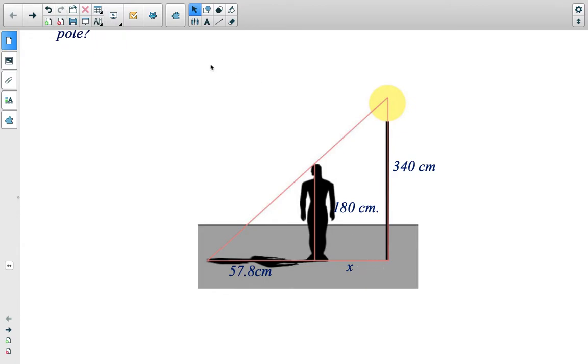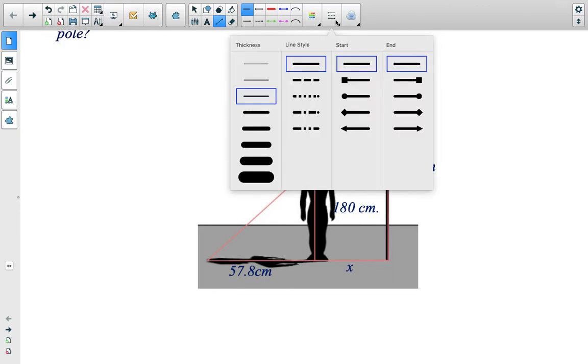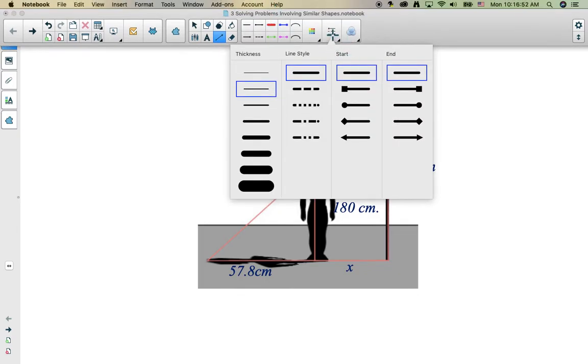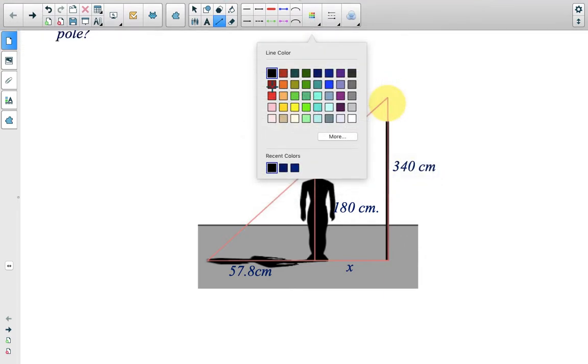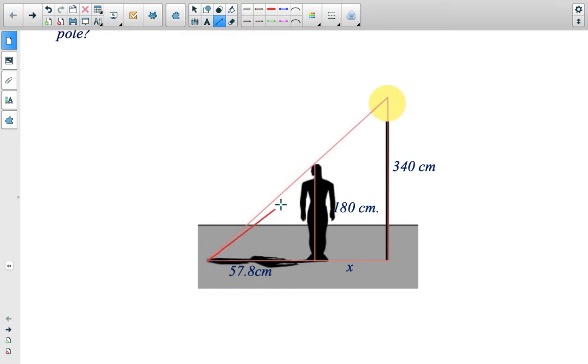Okay. So if you take a look at this question, we have 2 different triangles. It's kind of hard to see them, but I'm going to outline them for you here in 2 different colors. So let's do red for the first one. So your first triangle is this large one here. Okay.